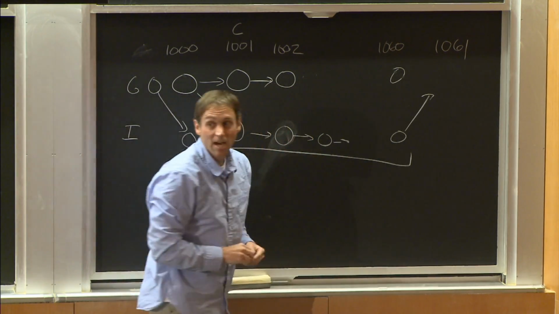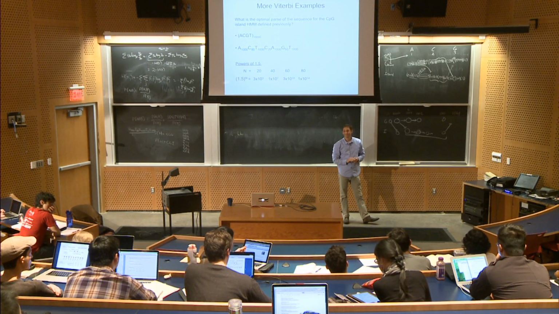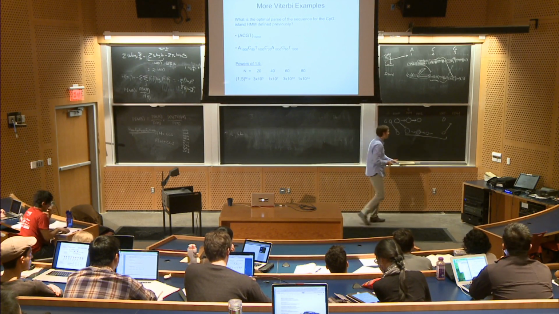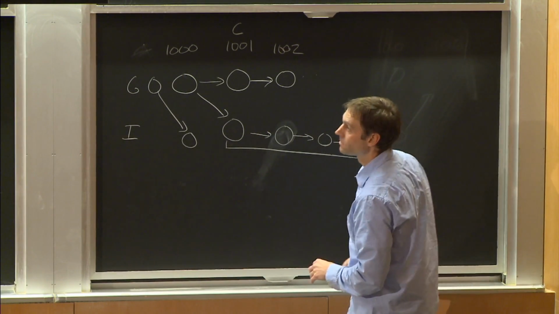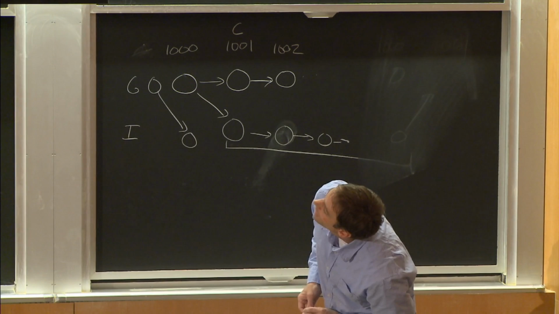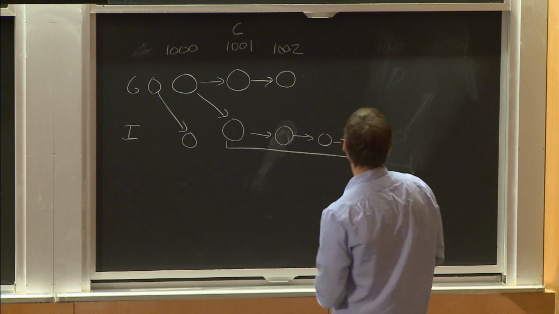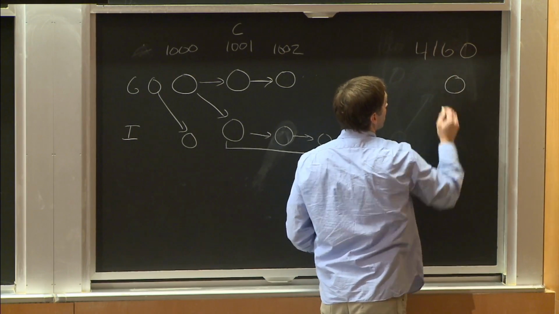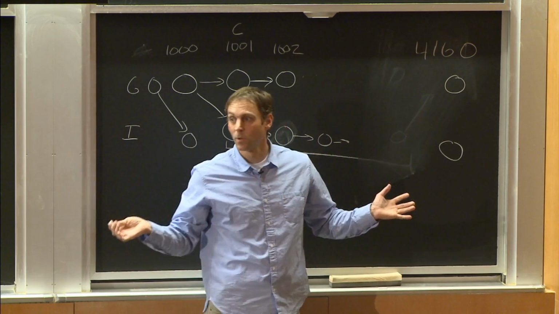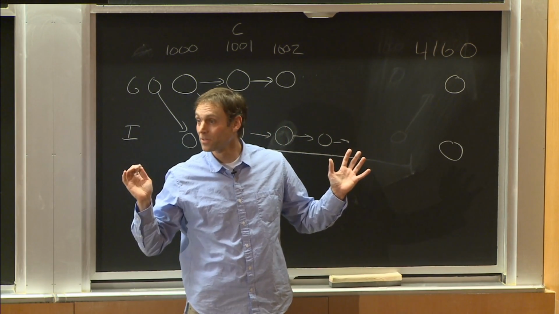Now, what do you do at the end? How do you actually find the optimal parse overall? I go out to position 4,160. I've got a probability here, probability here. What do I do with those? Right, but what do I do first?